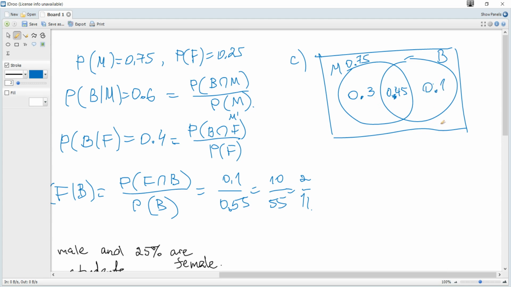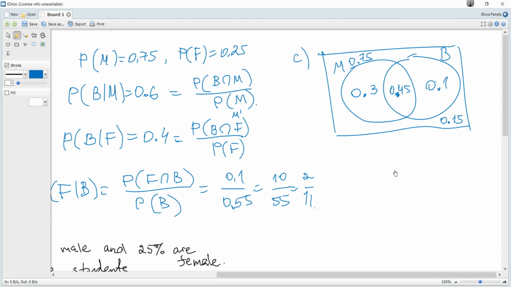And hence it's 1 in total, and you can see that this neither is 0.15, and this region it's what? It's at the same time not male and not B, and not male is female and not bike.